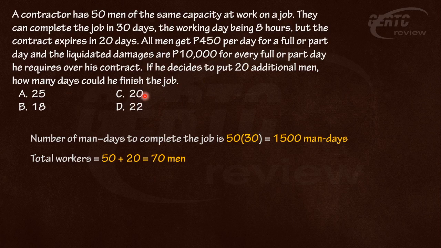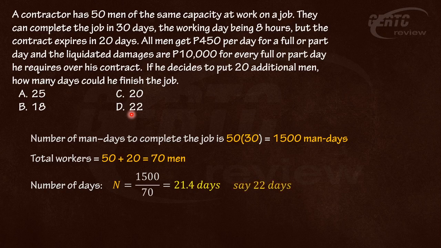May ibang tanong to, pag-usapan lang natin sa susunod. So, the number of days is the required number of man days to do the job divided by the number of man para ma-eliminate mo yung man. Yung numerator mo is man days, yung denominator mo is man, kaya 21.4 days or that should be 22 days. Alright? So, 22 days matatapos yung work.